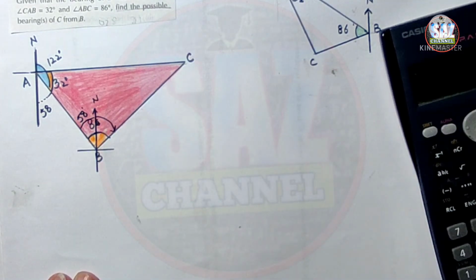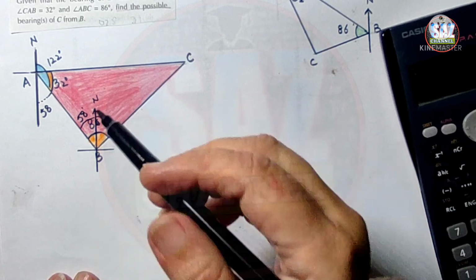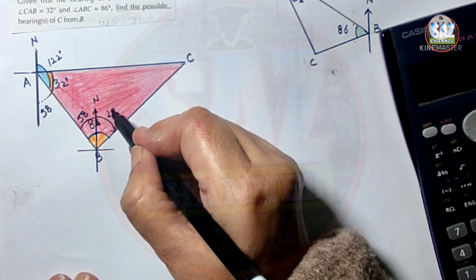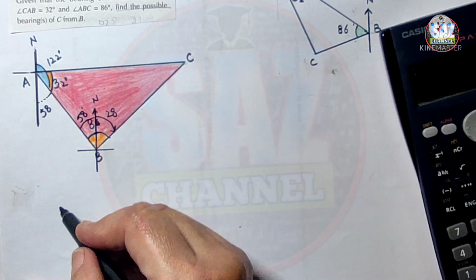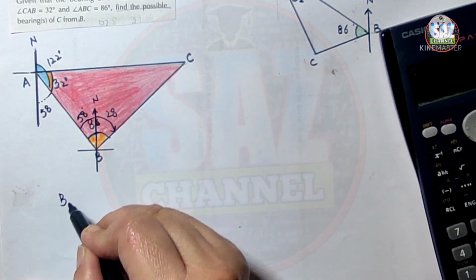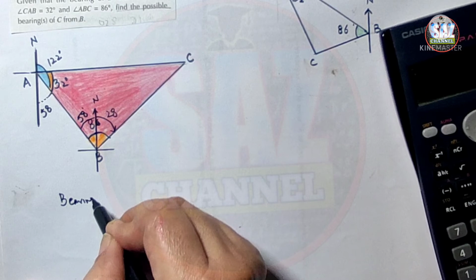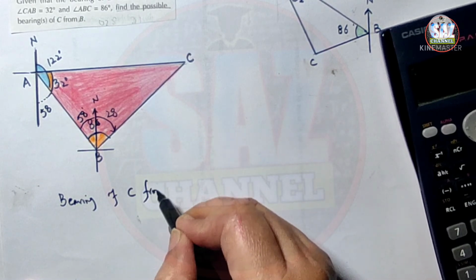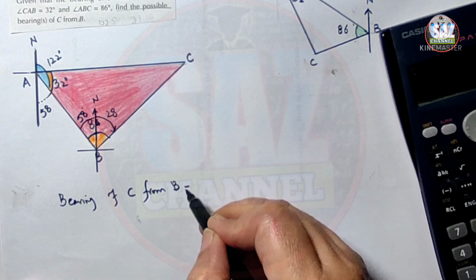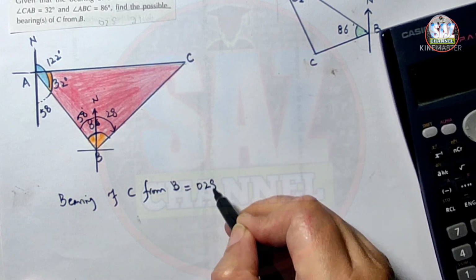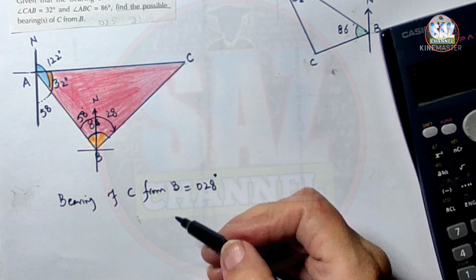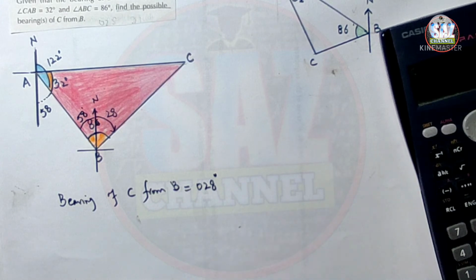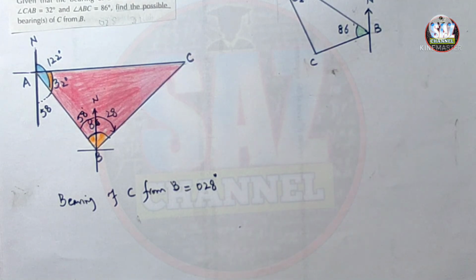So I will subtract that 58 from 86 and I will be left with 22 degrees. So one of the possible values of bearing of C from B can be 22 degrees. And now let's see how to find the other possible value.